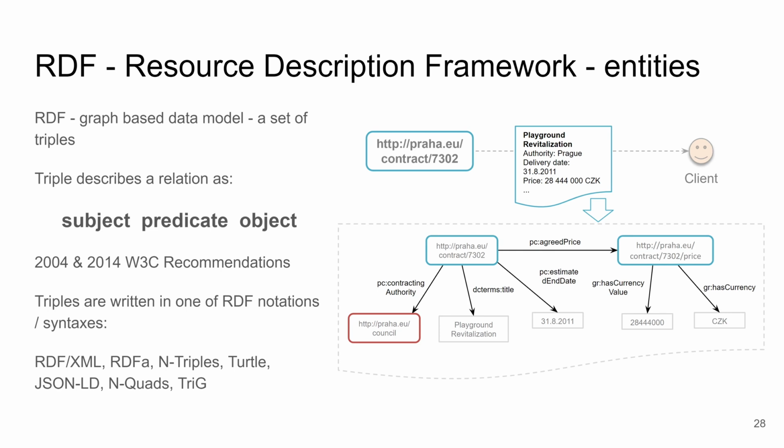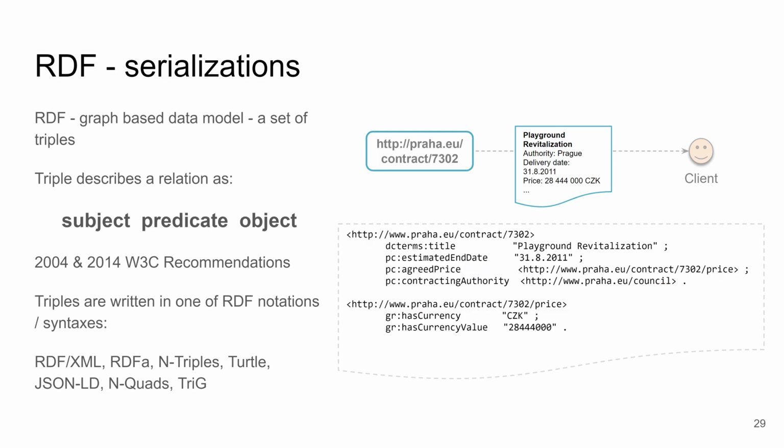Now, this graphical representation still is not how it actually looks on the internet when we want to send this data from a server to a client, let's say. How it actually looks is this, and this is the turtle notation, turtle syntax. It is a compromise between machine and human readability of the data.